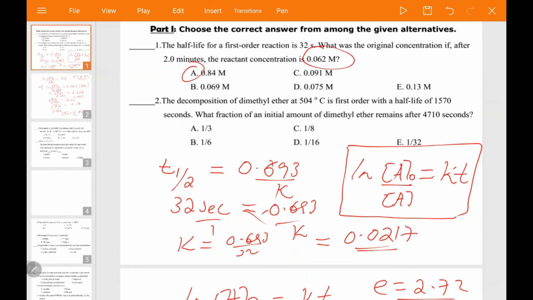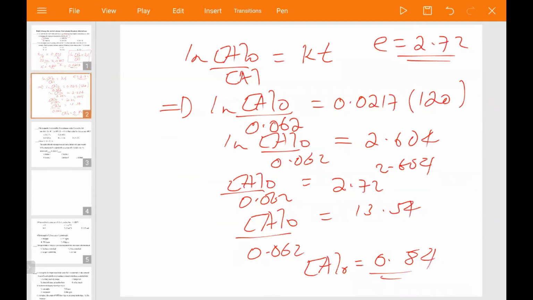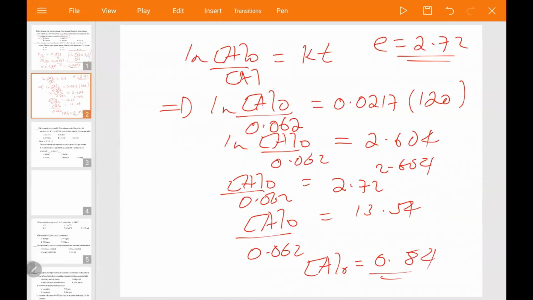Here a means any concentration, which is different from half life. So the concentration is 0.062. That is why I used 0.062. The question is what is the initial concentration. So ln a naught over 0.062 is equal to kt, with k 0.0217 and t 2 minutes, which means it is 120 seconds.